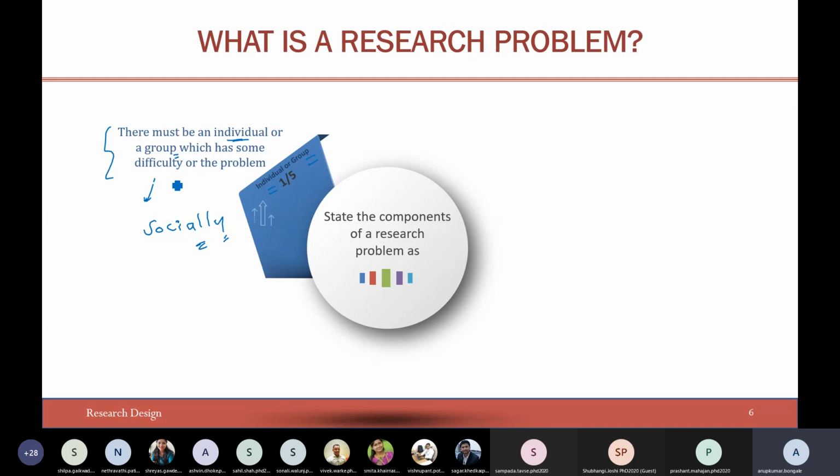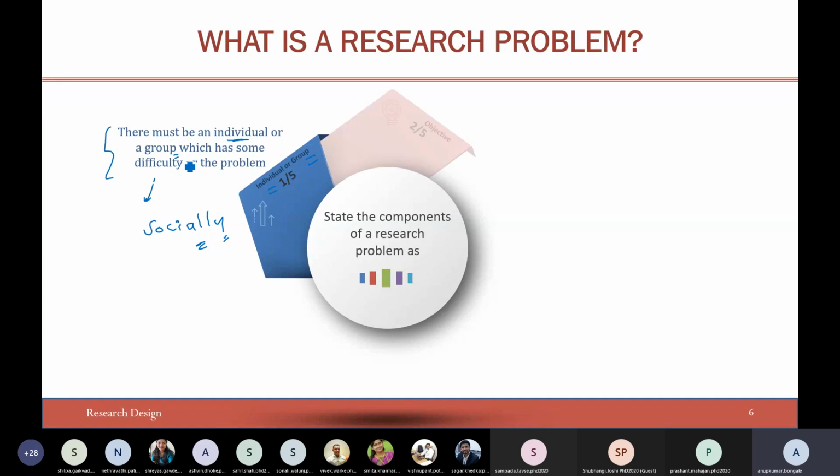Or the group may not be from a company, but from a government agency or a group of people. Ultimately, whatever it is, a problem should originate from somebody, from an individual or from a group.